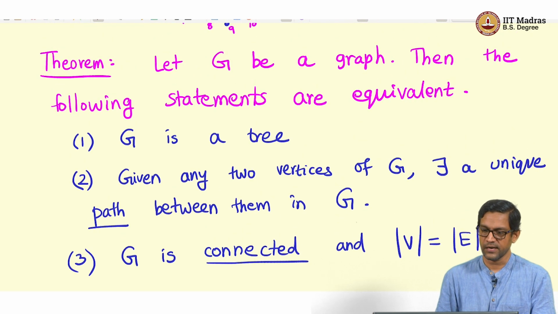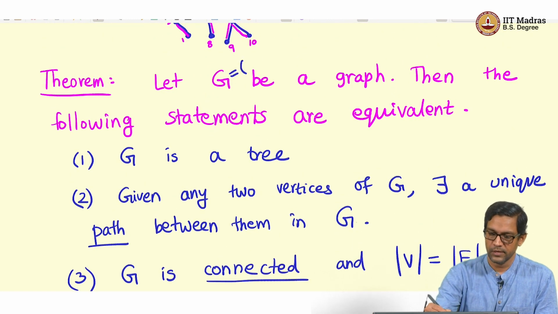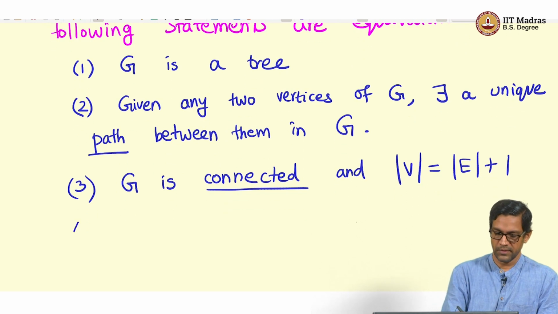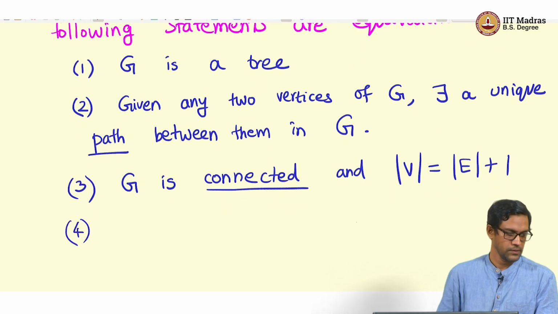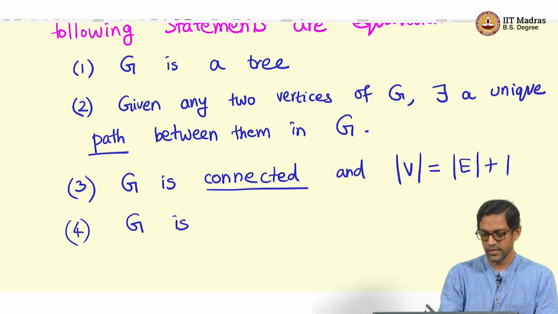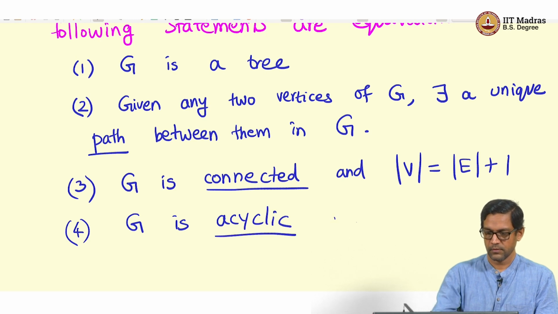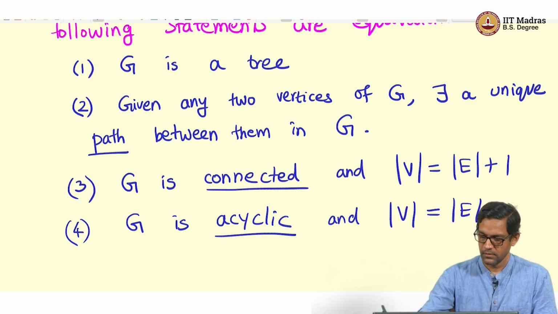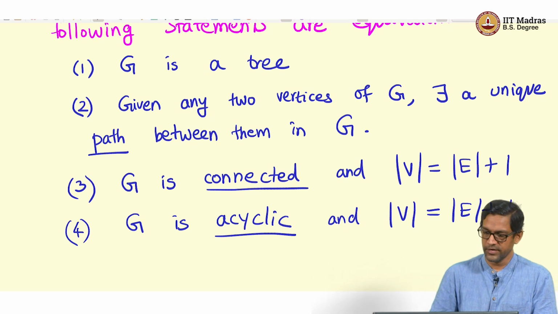So let me say that G equals (V, E), meaning that's the vertex and edge set of G. So this is statement 3. Here's statement 4. It says G is acyclic, meaning it has no cycles, and the number of vertices is one more than the number of edges.